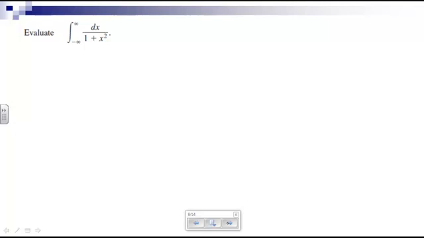So we split it up into two integrals because of our infinity. This is equal to the integral from negative infinity to 0, and the automatic steps are done.